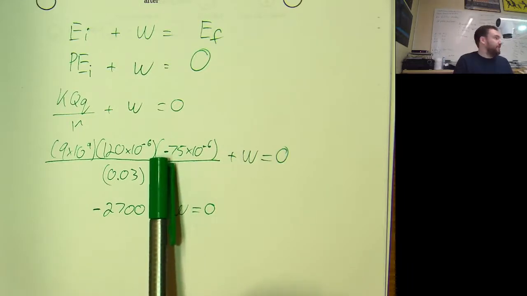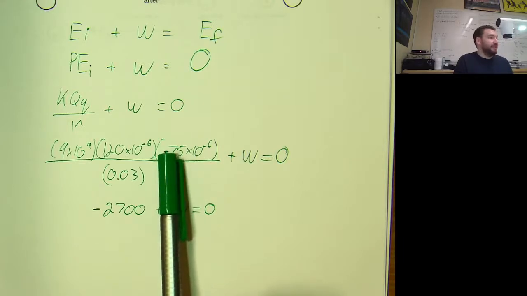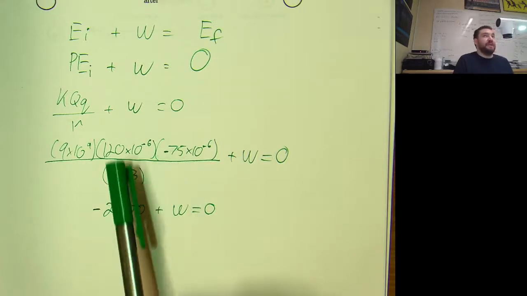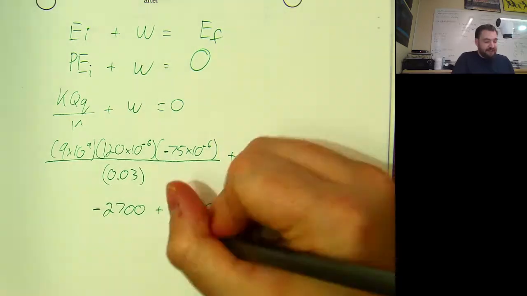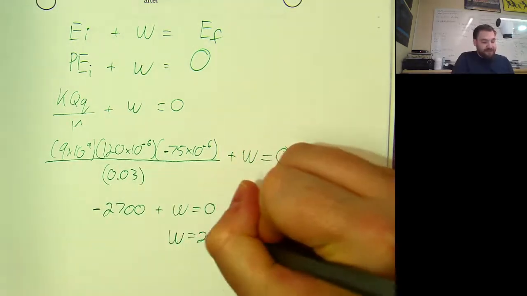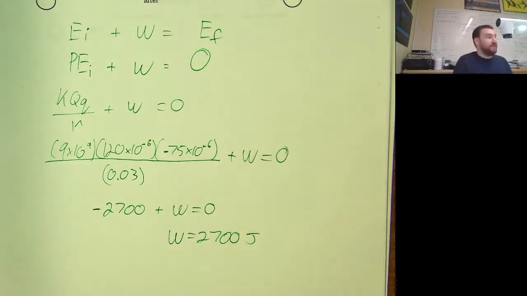Where gravity puts it in explicitly, the charge on the objects gives it to us, so that we can add this over to the other side and find that the work done must be 2,700 joules, positive work, which makes sense because these things want to stay together, so I'm doing work to pull them apart.